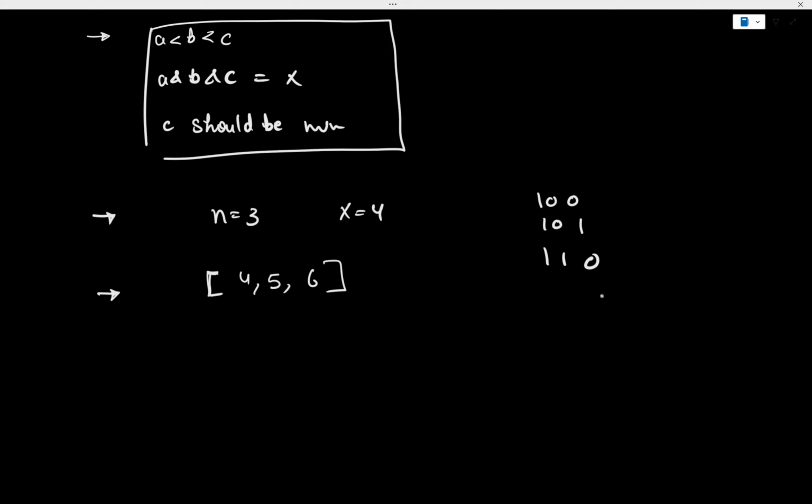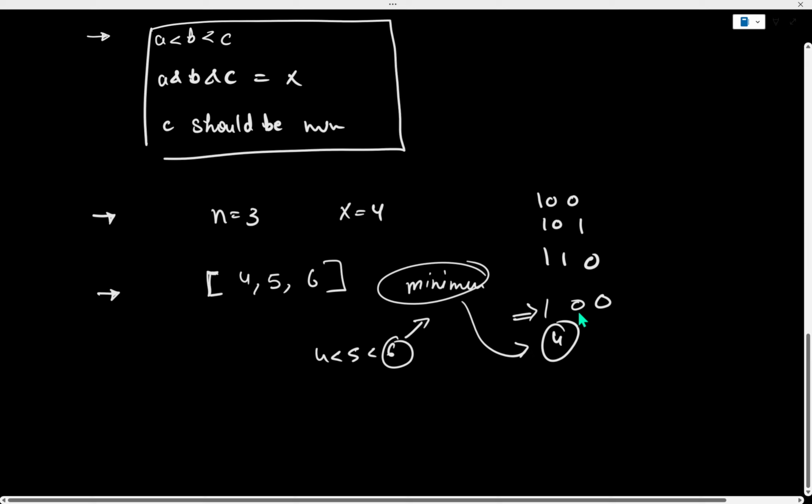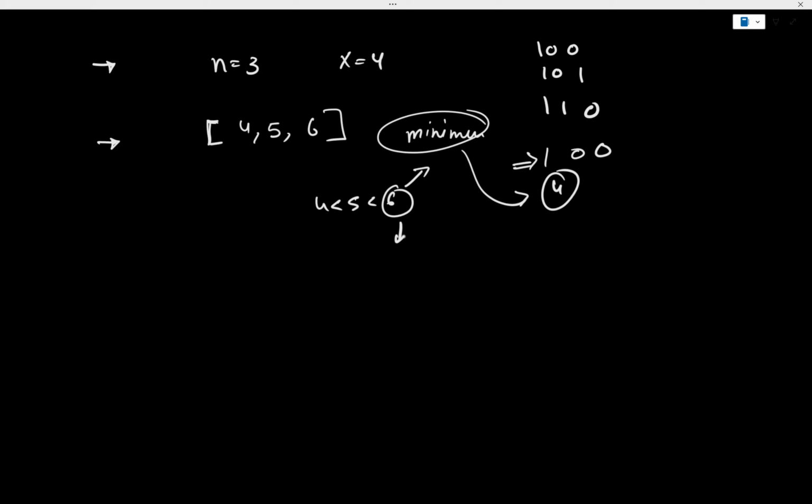If we do the AND, 1 0 0, it still gives us 4, and we can see it's in increasing order, and 6 is the minimum that we can have, which returns 4 after doing AND with all the numbers, and every number present inside the array is in increasing order. That is what we need to do, and in this case we'll just return 6.